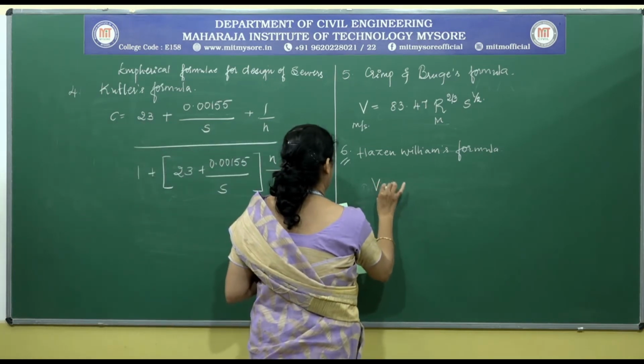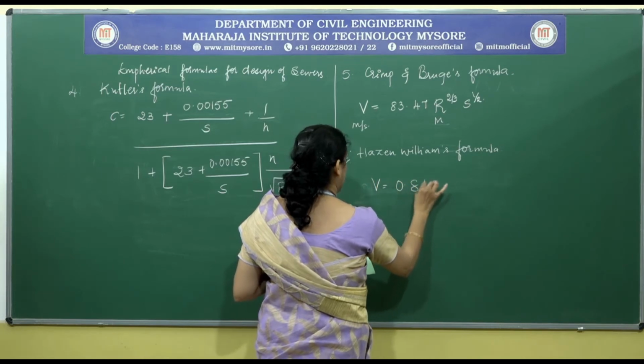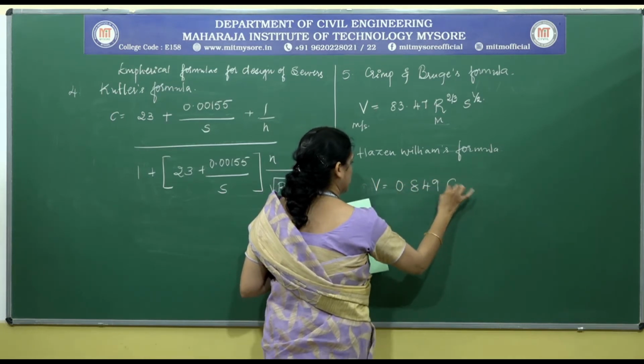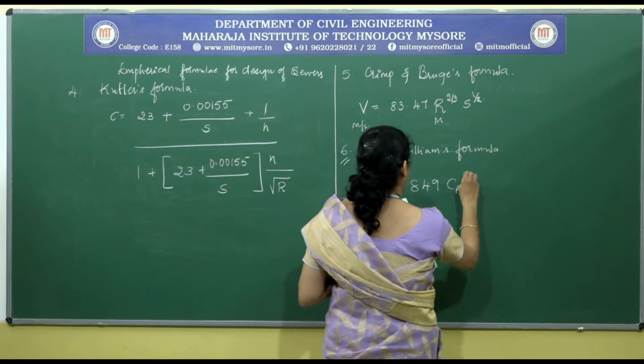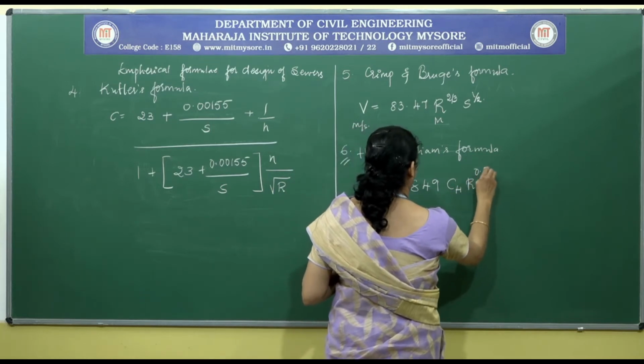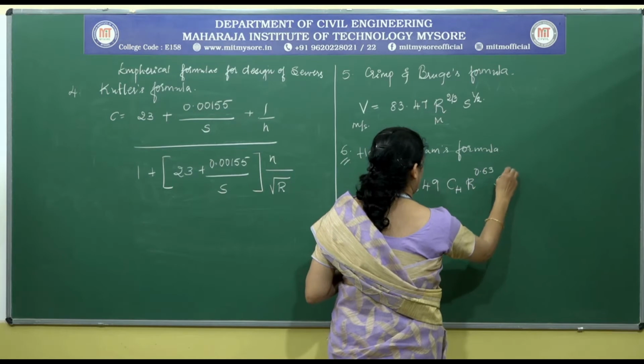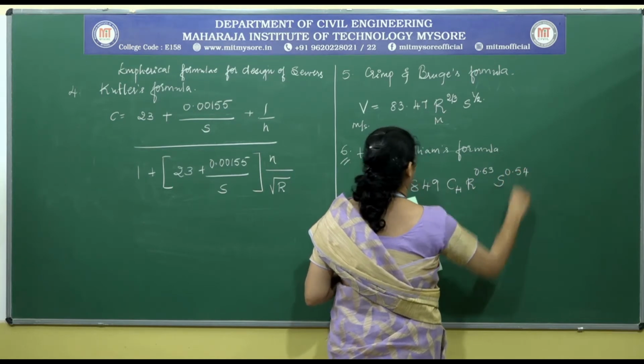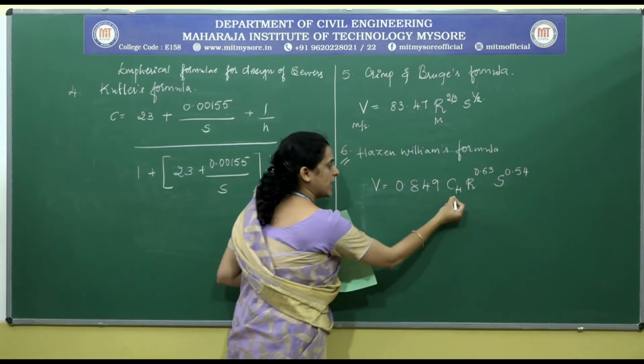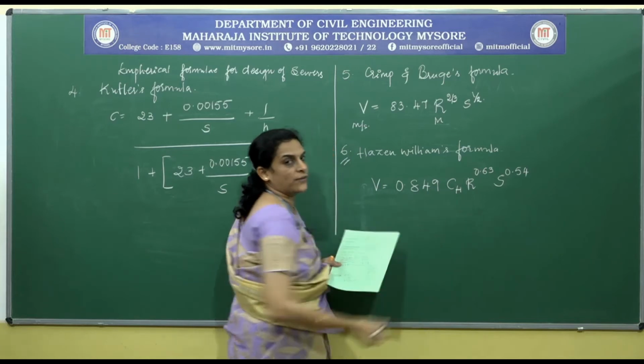So, this states that V is equal to 0.849 CH R to the power of 0.63 and S to the power of 0.54. So, CH is the roughness coefficient.